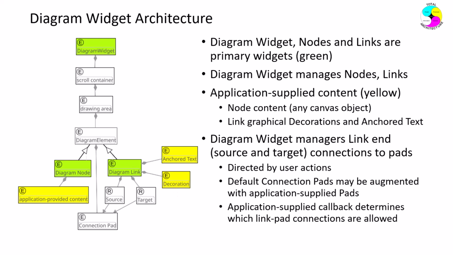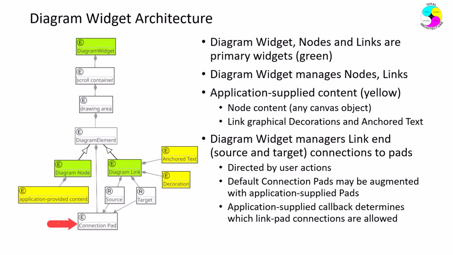Now links can connect to any diagram element, whether it's a node or another link. These connections are made via graphical areas that are referred to as connection pads. There's a default connection pad on each graphical element. For a node, this is a rectangular region around the periphery of the node.